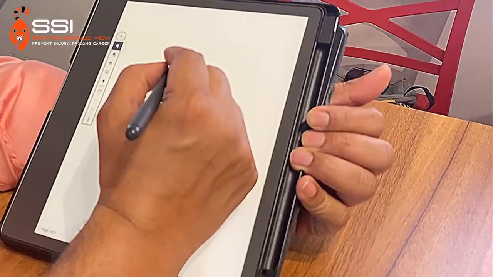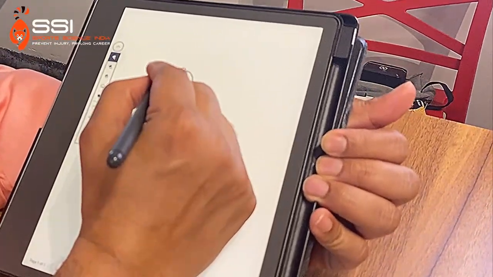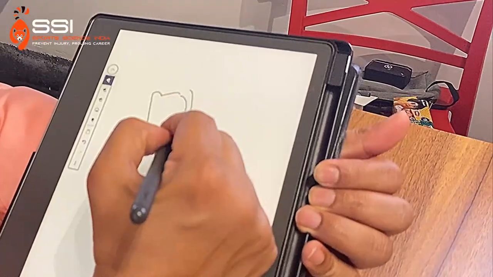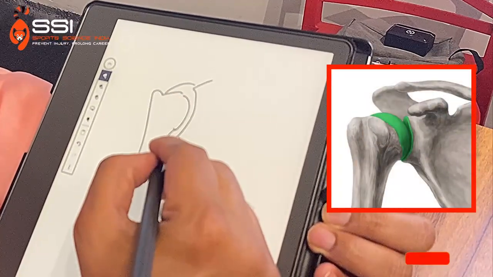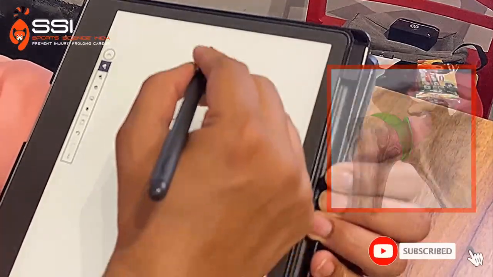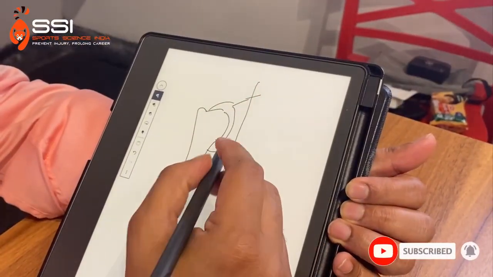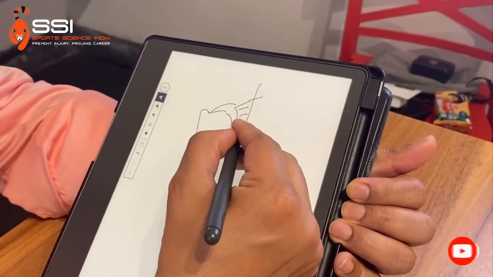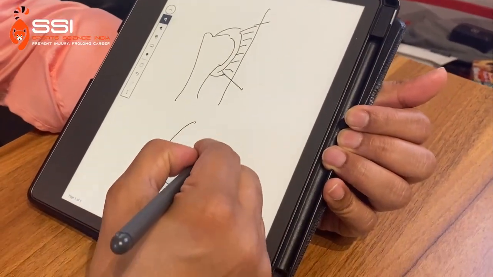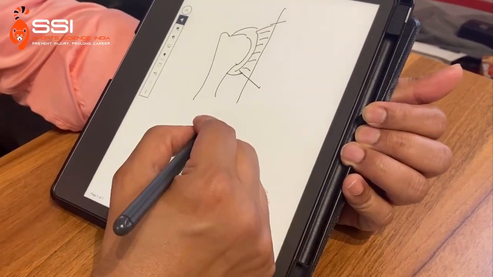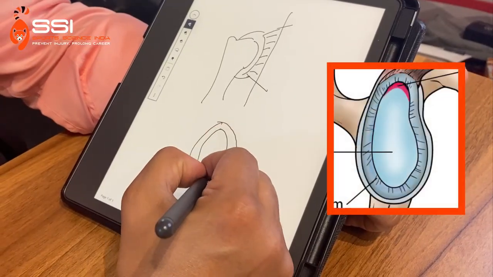The shoulder joint is basically a ball and socket joint. It is covered on both sides by capsules. If we take a cross section of the socket part, it is a round shaped structure.